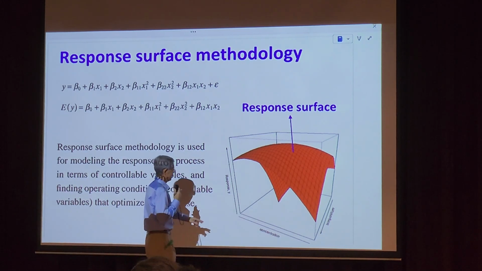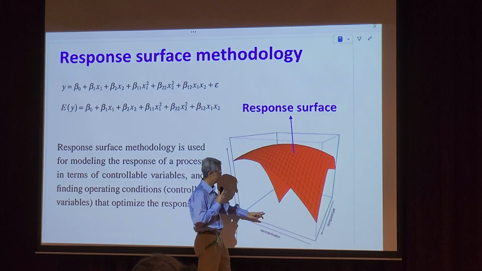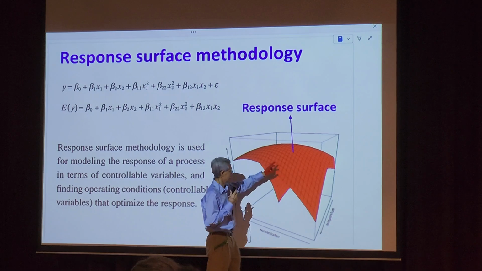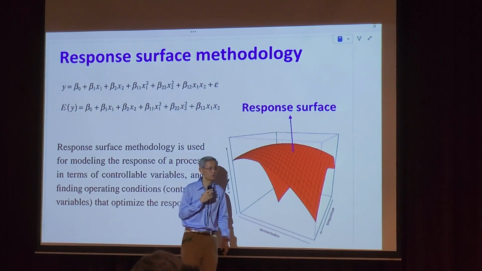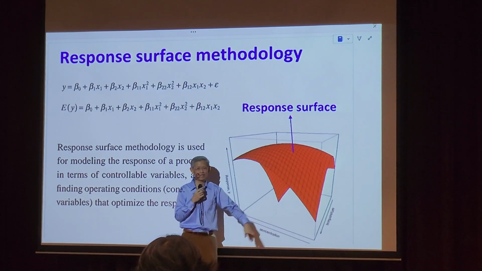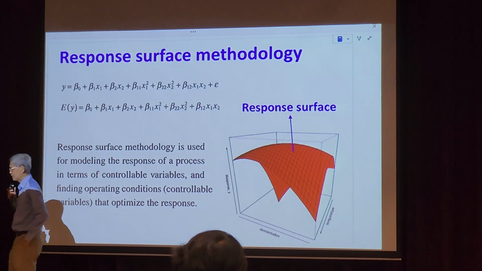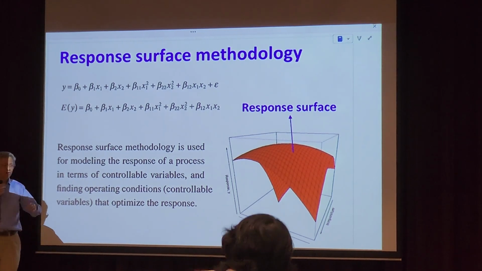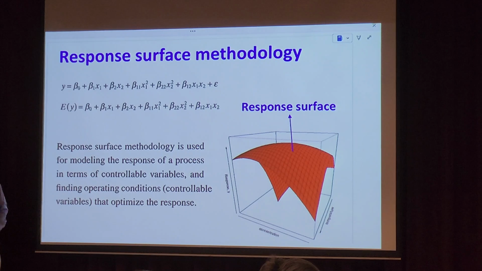You conduct experiment at various combination of concentration and temperature. And then at each setting, you measure the response. And then you can sketch it. It's not so abstract. At home, I want to make pizza, yeah?